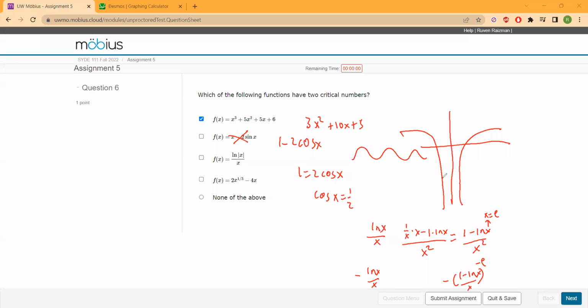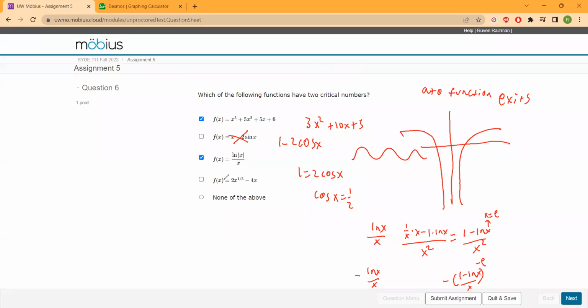For it to be a critical number where the derivative does not exist, the function has to exist at that point. It's considered a critical number if at 0 the function exists and the derivative doesn't exist at that point. So this one does have two critical numbers.